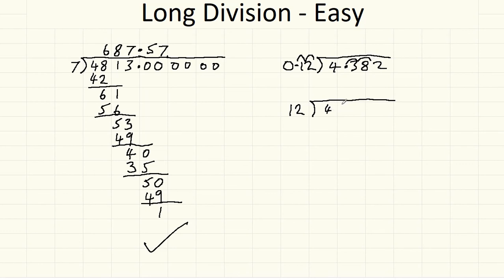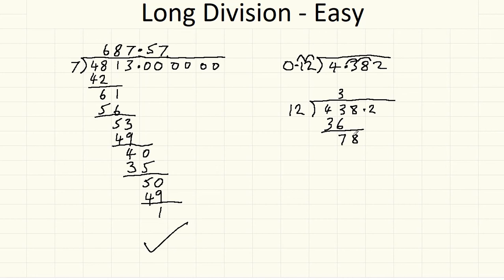That gives us 438.2. This is now an easy problem to solve. 12s into 43 go 3. 3 12s are 36. Difference is 7.